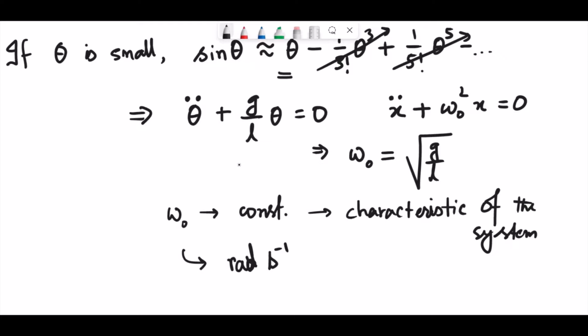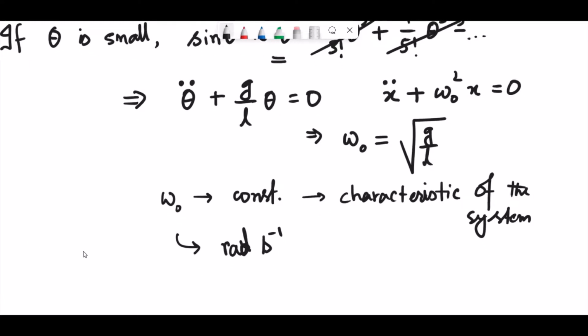This is a constant, and angular velocity can be a constant or a variable. If it's a uniform circular motion, then angular velocity will be constant. But if it's not, for instance in this case, the angular velocity will be changing with time.